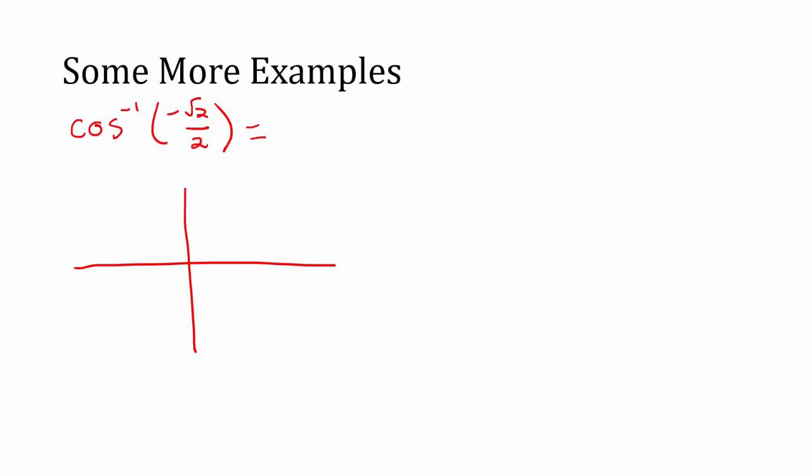Great, so let's talk about some examples. Let's do this, though, without using the unit circle. How would I do that last problem if I didn't have the unit circle? I would need to draw a triangle such that the cosine of the angle is negative root 2 over 2.